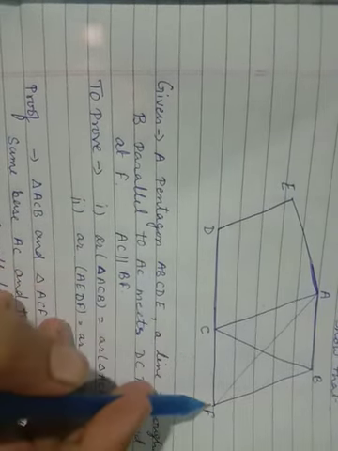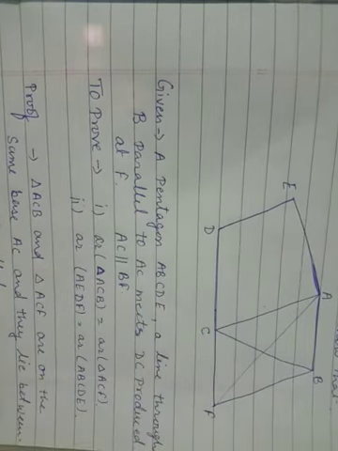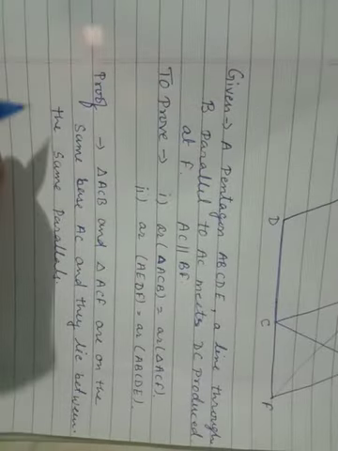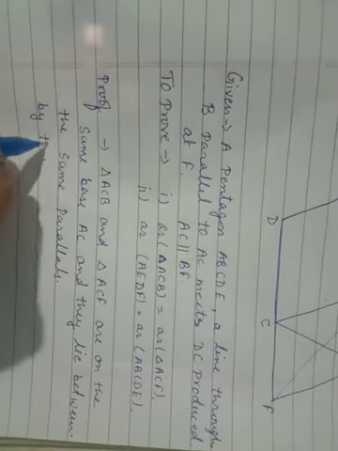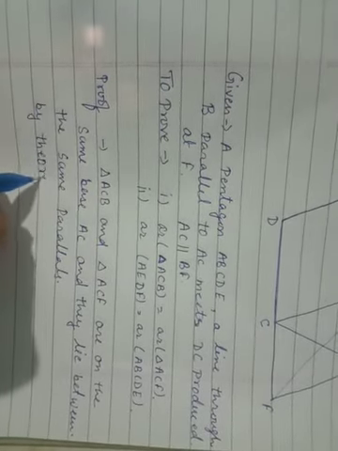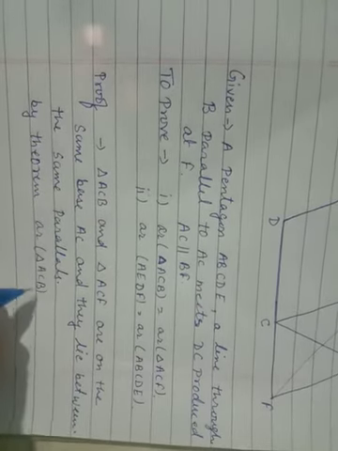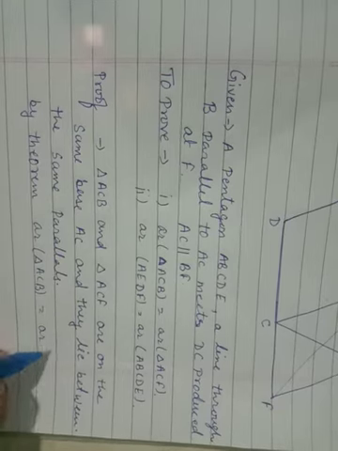Means AC is parallel to BF, so they lie between these two parallels. So we can say that by theorem, area of triangle ACB is equal to area of triangle ACF.